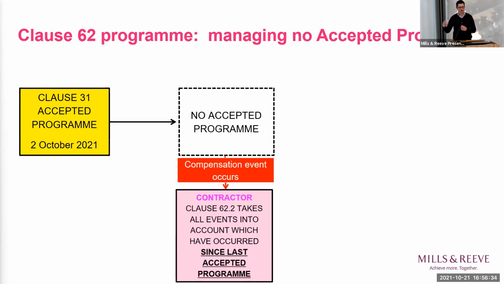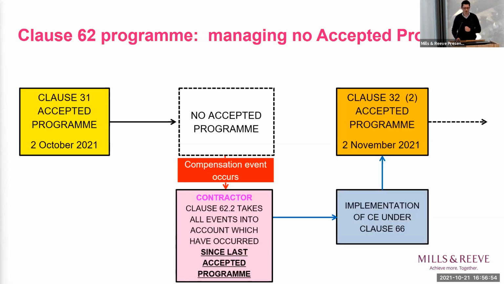And in order to assess the effect of the compensation event, the NEC asks us to go back to the previous accepted programme and to fill in the gaps between the previous accepted programme and the date in which the event occurs. And that can be very fiddly indeed and almost impossible to achieve within the 3-week and the 2-week window.